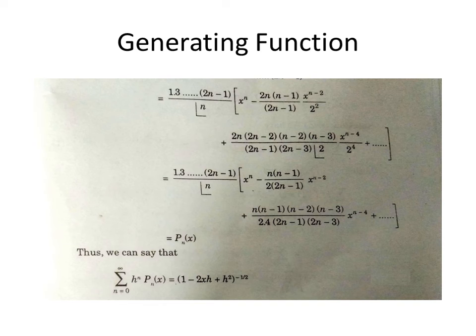and then inside the bracket several modifications have been made, and finally the expression is written as P n x, and that means the coefficient of h power n in the binomial expansion of (1 minus 2xh plus h square) whole power minus 1 by 2 in ascending powers of h finally came as P n x.